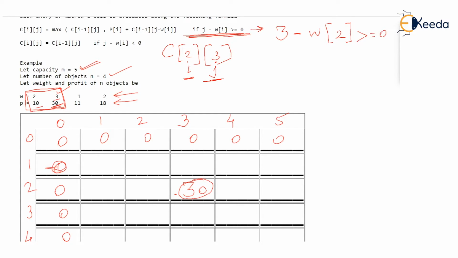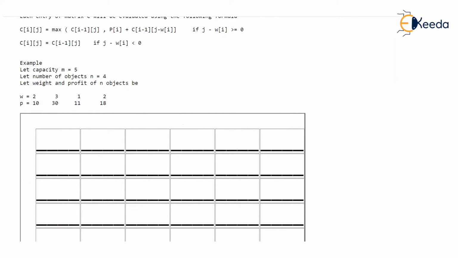Now you see that w2 is the weight of the second object, and the weight of the second object is 3. And 3 minus 3 is indeed greater than or equal to 0 because it is equal to 0. So the if statement is true, and the first formula is applicable.